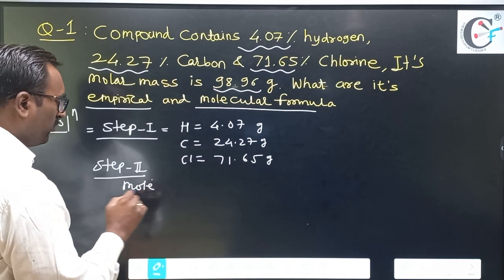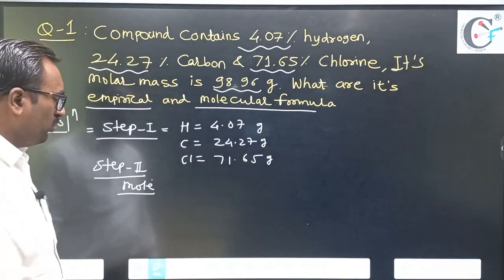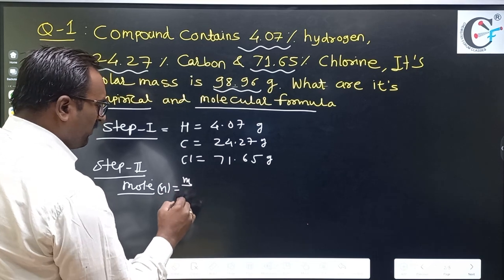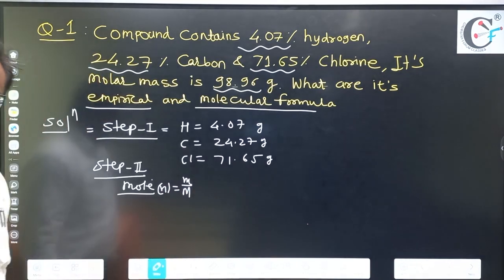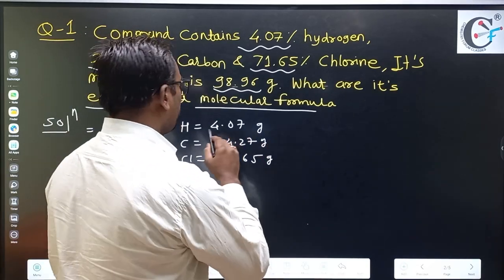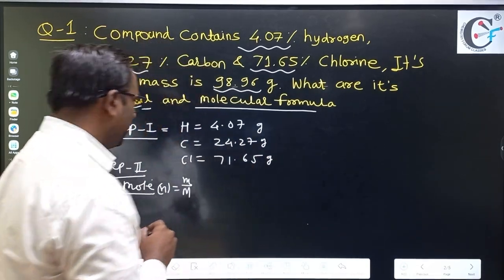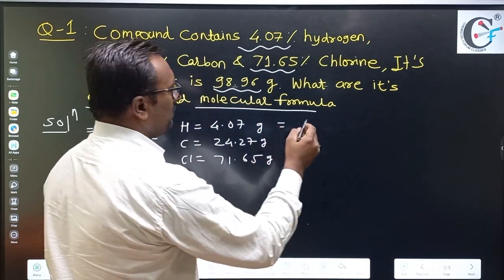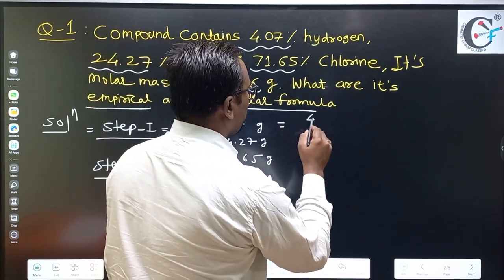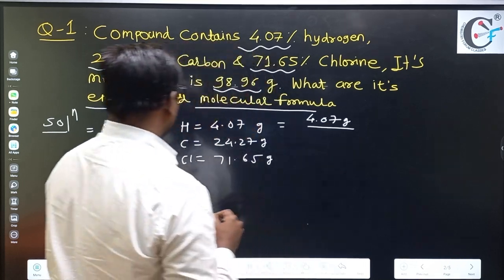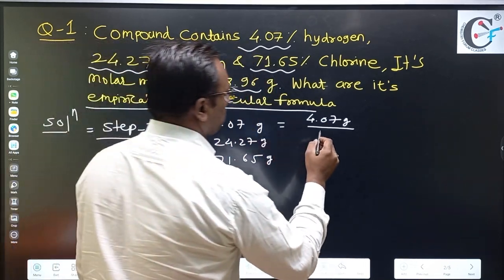And how to find the mole? The formula of mole: n is equal to the number of moles, given mass m upon molar mass M. Okay, so convert into moles. Moles of hydrogen will be equal to the given quantity 4.07 gram divided by the molar mass of hydrogen, which is 1.